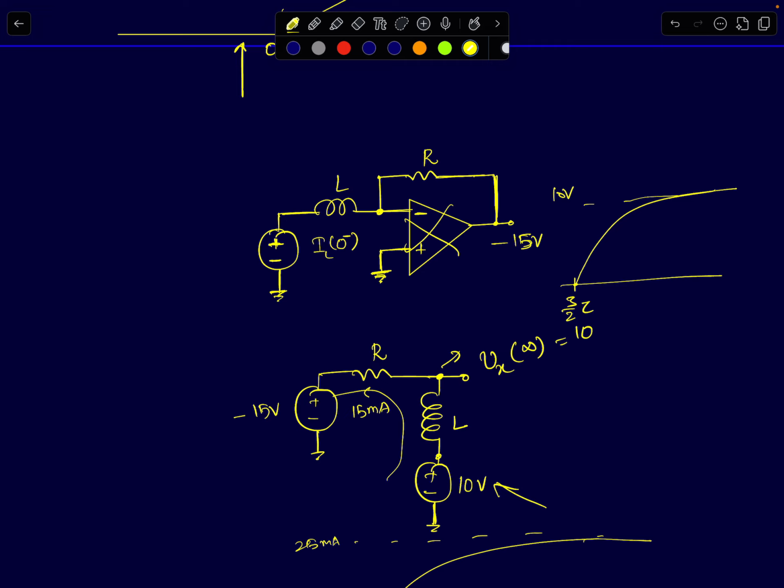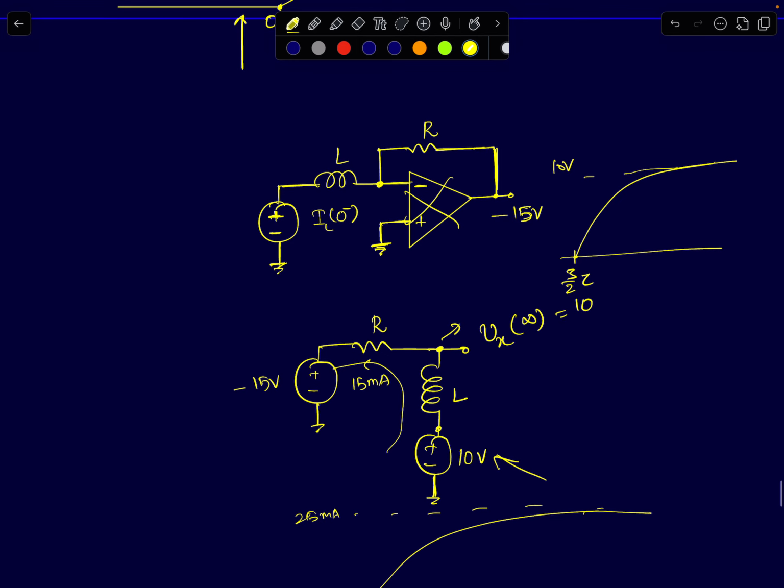So initially the current was at 15 milliamperes. That was when the output had just reached minus 15. Now what happens to the output after t equal to 3 by 2 time constants? Now look at your Vx. The inverting terminal voltage is always positive. It reaches a maximum of 10 volts. The input differential voltage to the op amp is V plus minus V minus, which is minus of Vx.